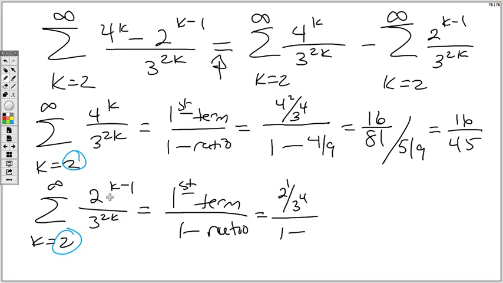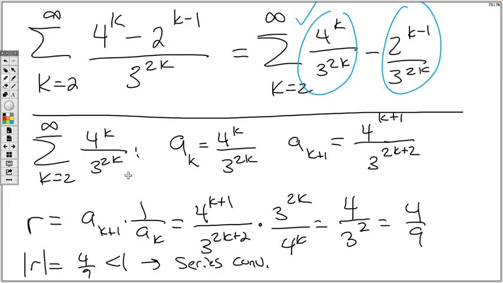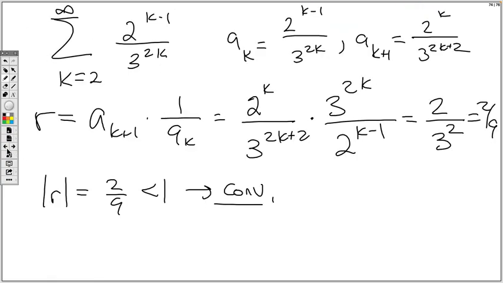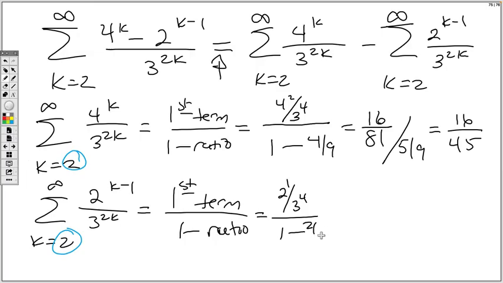Divided by 1 minus the common ratio for this series, which was what? 2/9? So this would be 2 over 81 divided by 7/9.